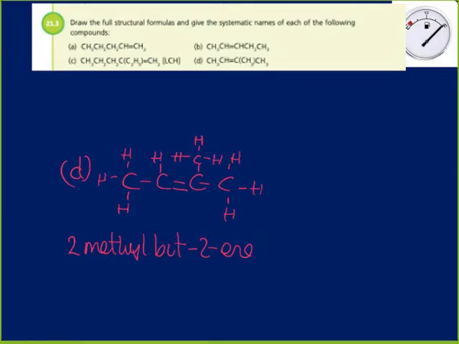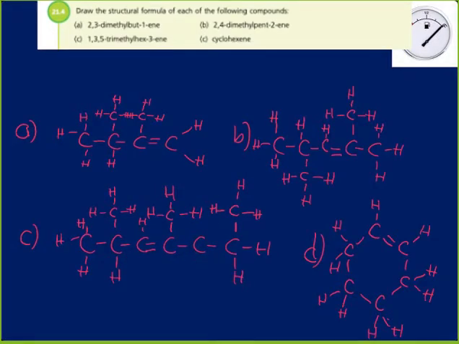Alright, so then for 21.4 you had to draw from the name. We'll leave these up. So cyclohexene, you had to have 1 double bond in it because it had an alkene name.